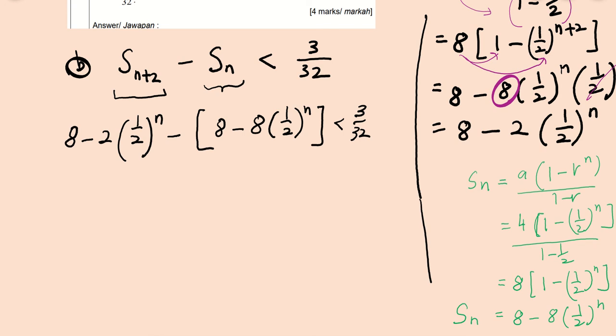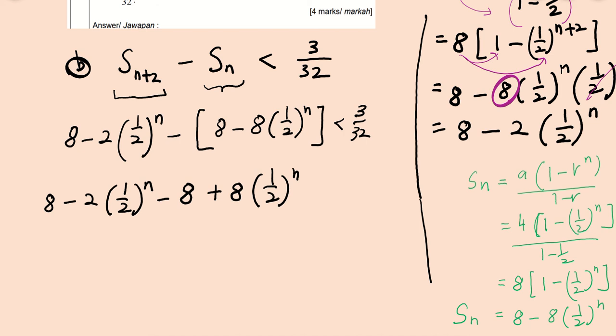Dia akan jadi 8 minus 2 times 1 over 2 power n minus 8 plus 8 times 1 over 2 power n less than 3/32. Simplify 8 minus 8, yang ni kita cancel.